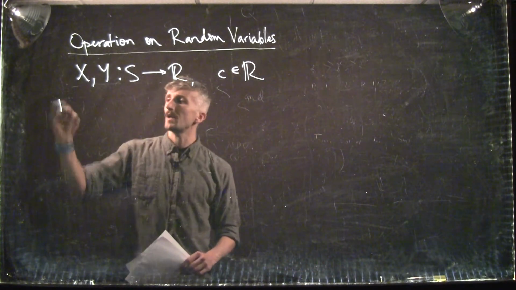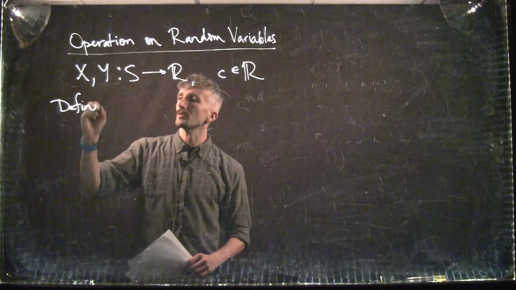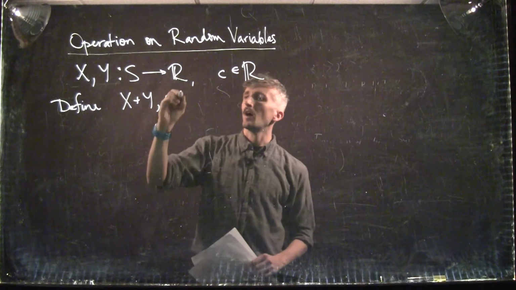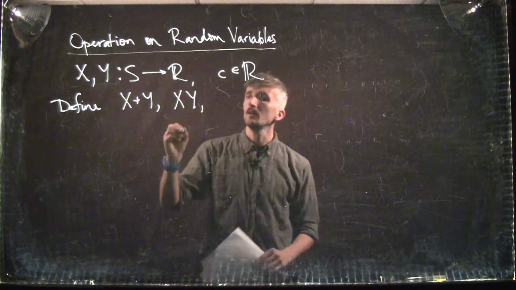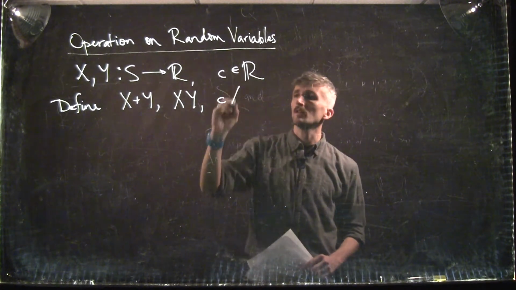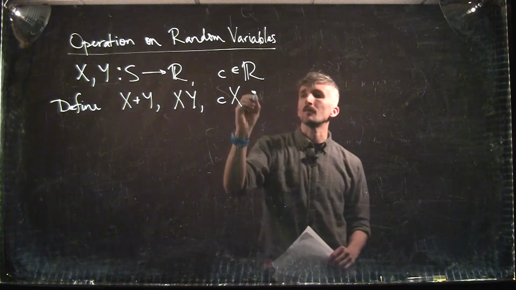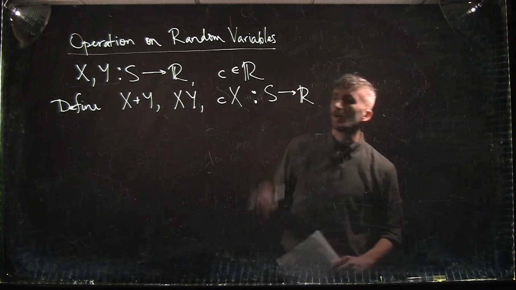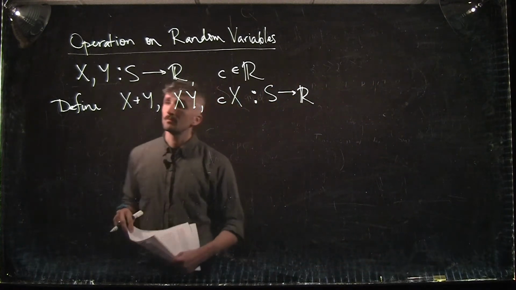Then we can define new random variables, which are called the sum of X and Y, the product of X and Y, and the scaling of X by c. These are all new functions from S to R, i.e. new random variables.